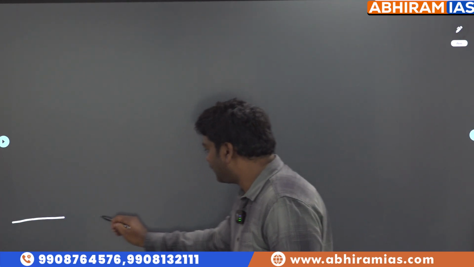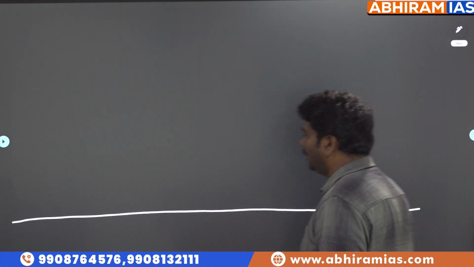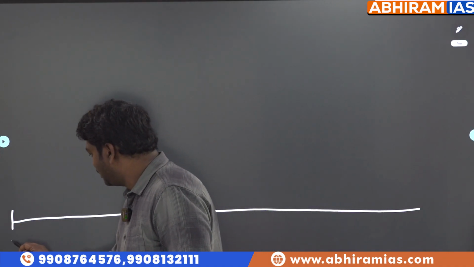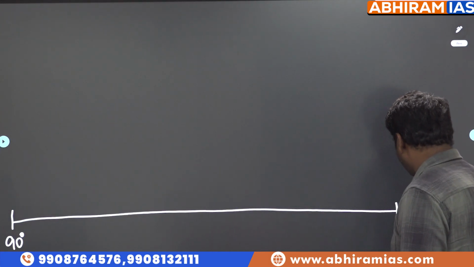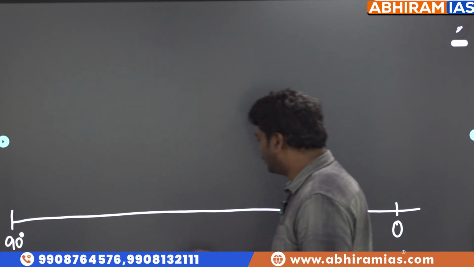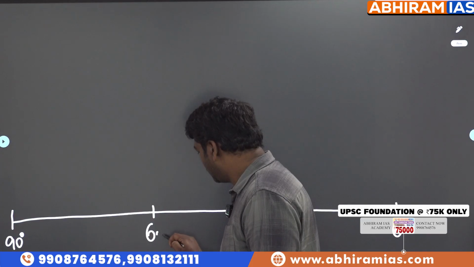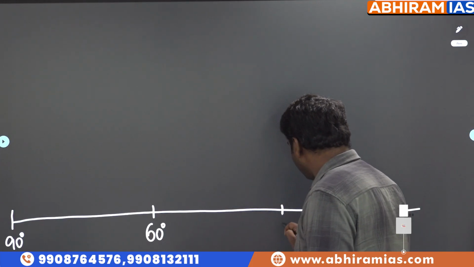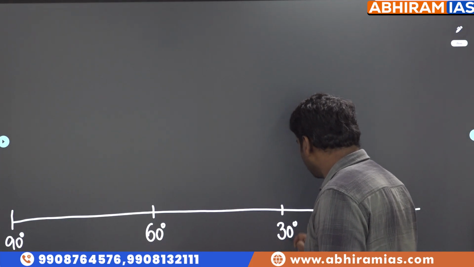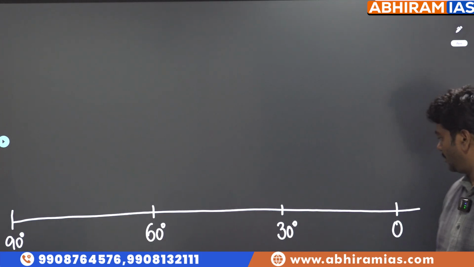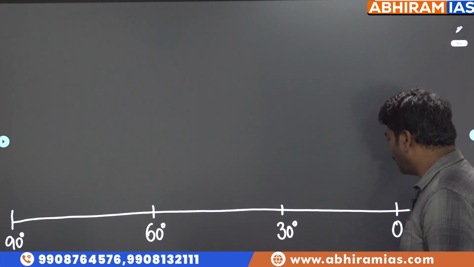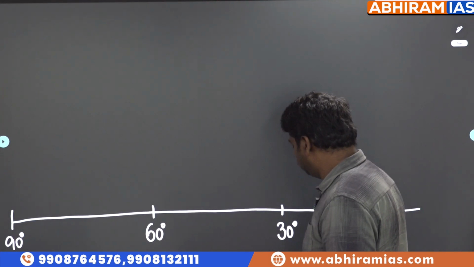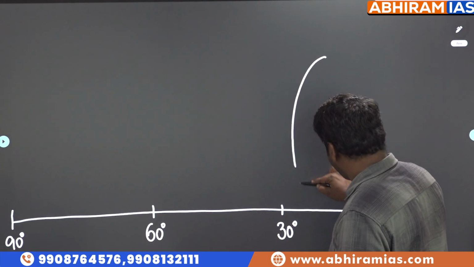Now, 2 minutes, observe carefully. 90 degrees poles, 0 degree, 60 degree, 30 degree, 30, 60, 90. Now, let me assume there is air here.